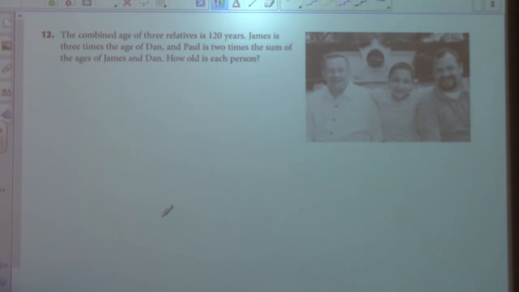What word in this text here is equivalent to an equal sign? Well, combined, that's what that is. That's an adjective because it modifies age. So your equal sign is going to be a verb. Okay?